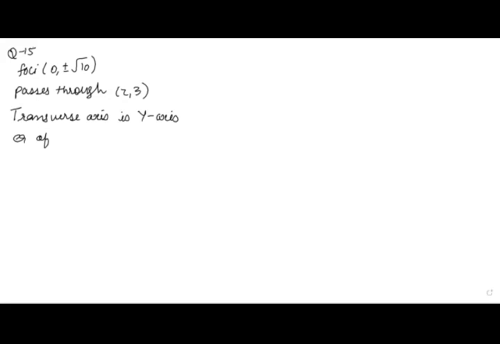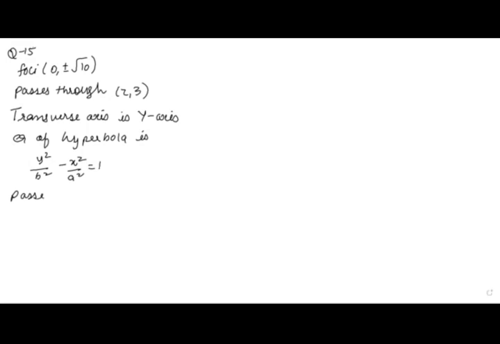Therefore, the equation of hyperbola will be y square by b square minus x square by a square is equal to 1.